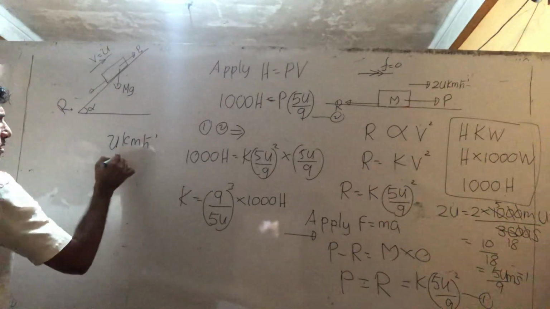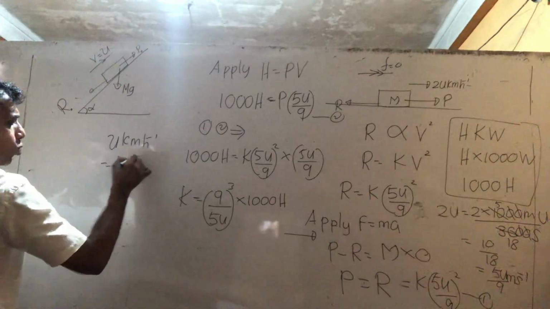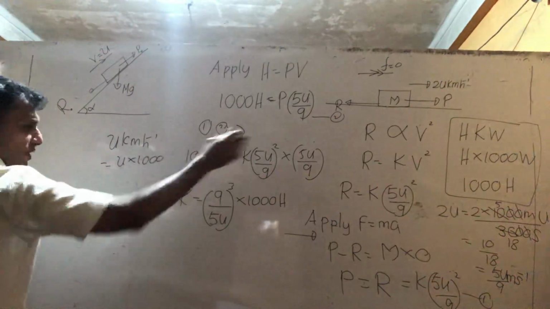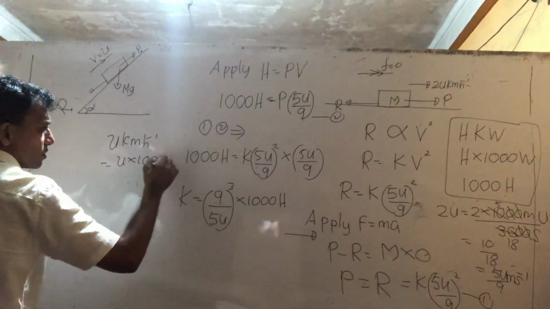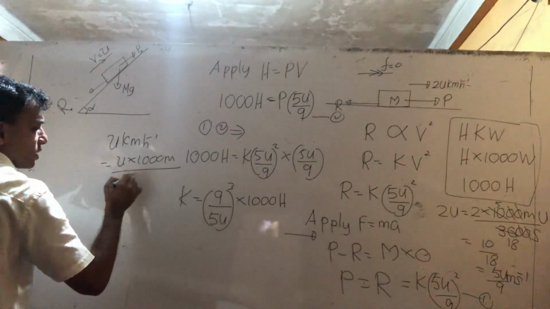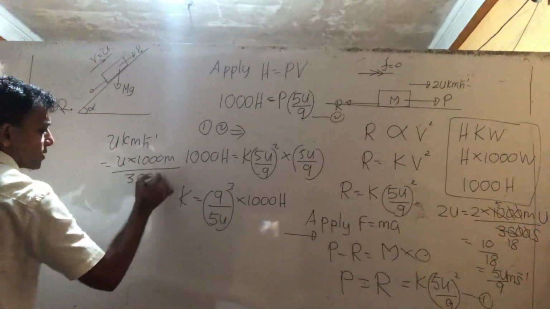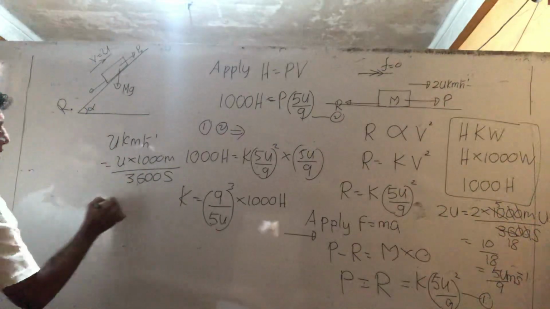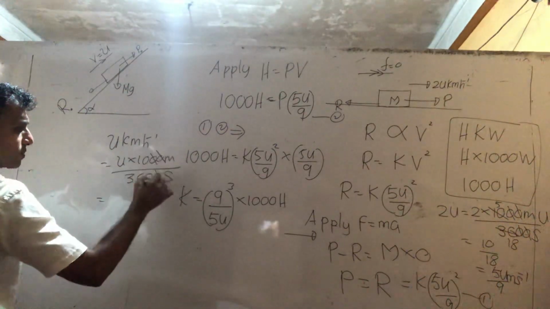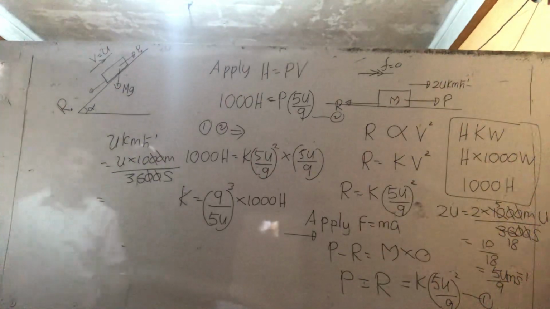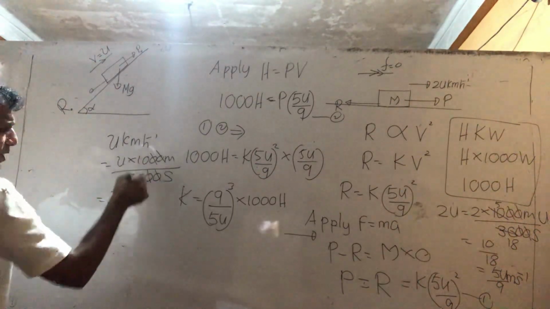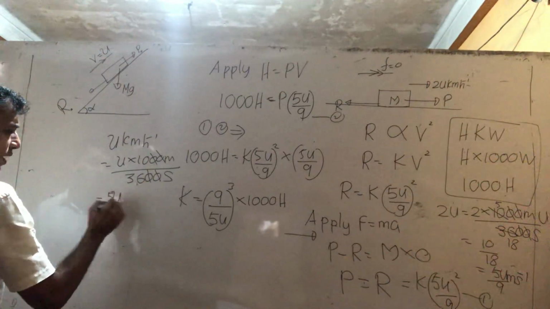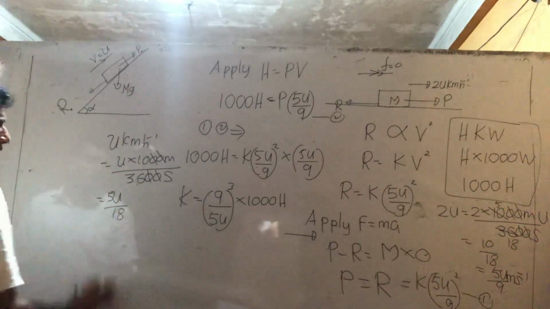Change that u into 1000 meters over 3600 seconds. So the zeros cancel, u cut by 2, then 5 over 18 is the velocity in this case.